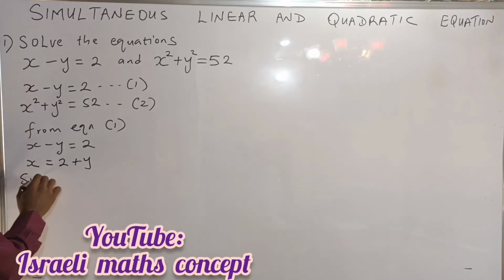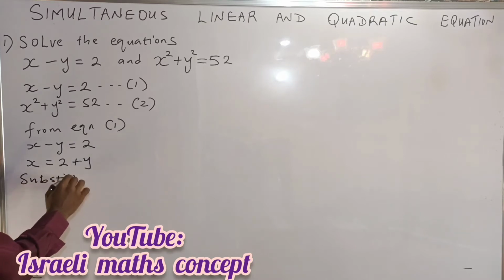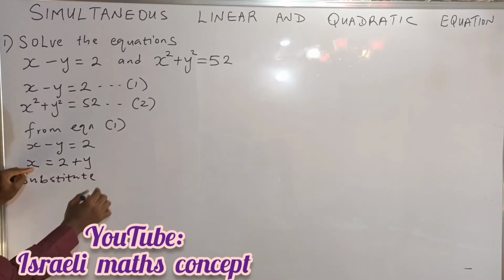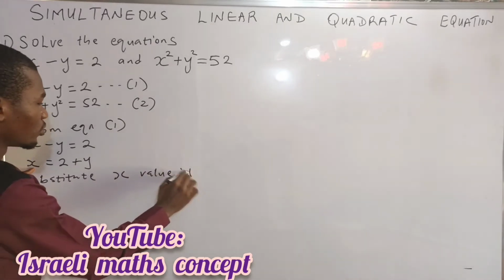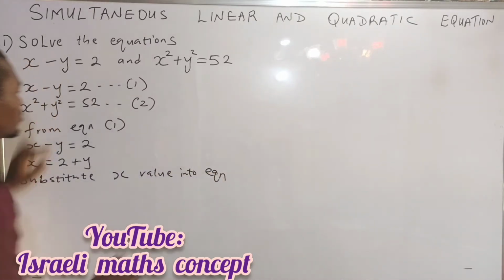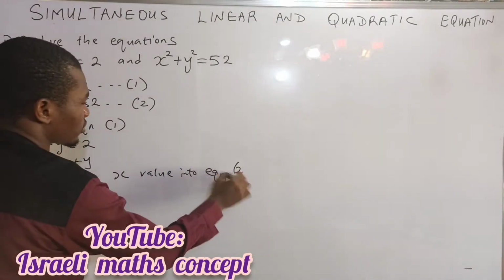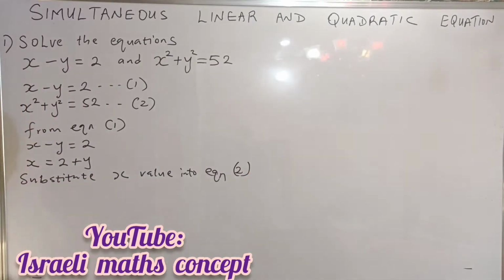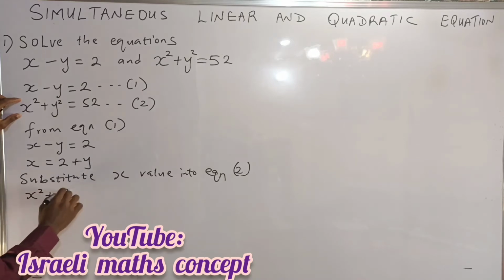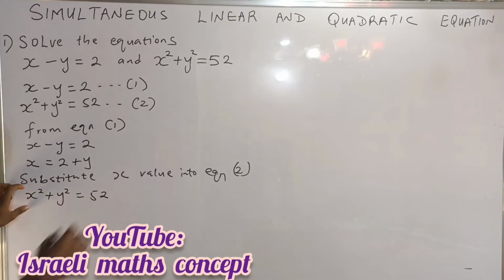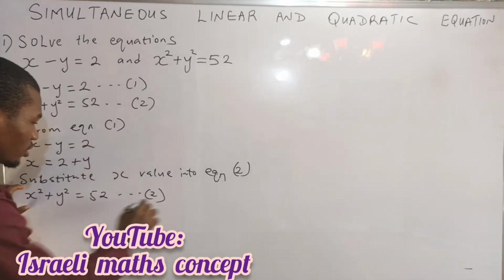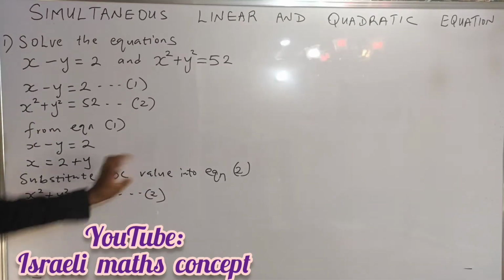So I want to substitute the x value into equation 2. And what is my equation 2? My equation 2 says x squared plus y squared is equal to 52. Then I want to substitute the value of x.